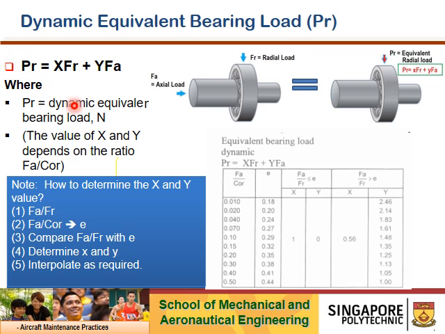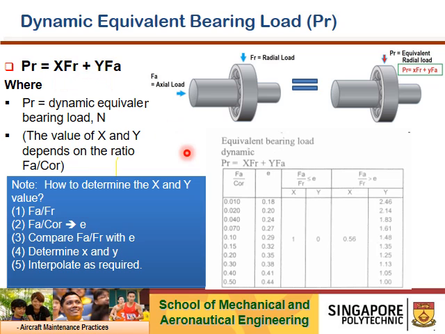Right. Dynamic equivalent bearing load PR. All right. In this case, this PR won't be a direct reading of PR equal to FR because you have an additional FA axial loading. So to calculate your PR, this formula will be given: XFR plus YFA.